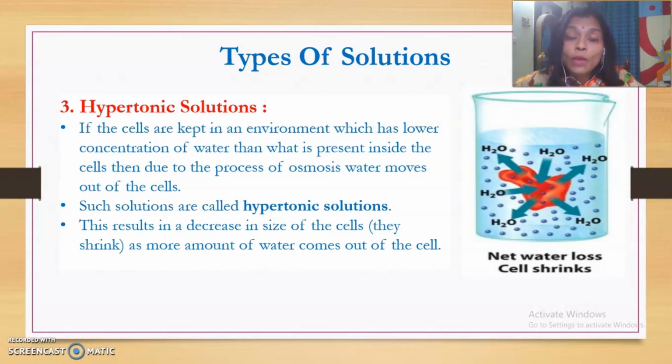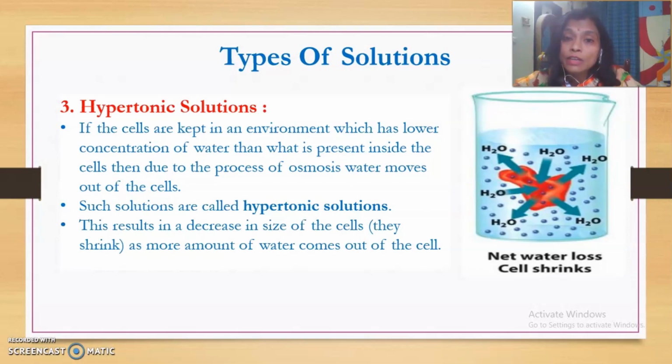So what do you think will happen now? Yes, now the water will move out of the cell. You can see the figure. The number of arrows moving out are more than the number of arrows which are moving inside. Or in other words, the exoosmosis is more than endoosmosis.